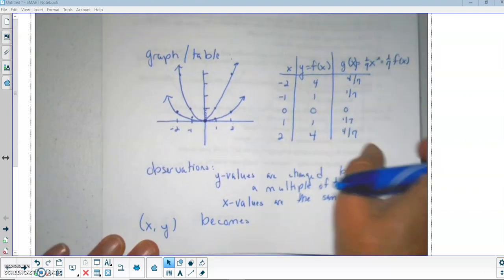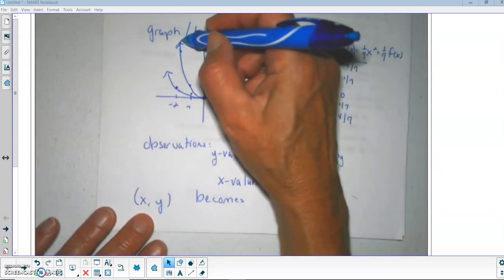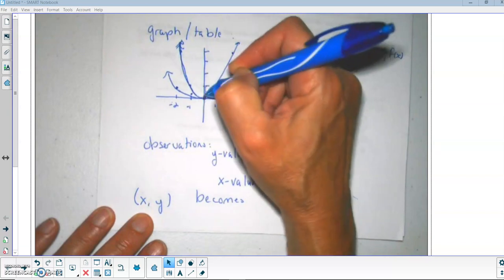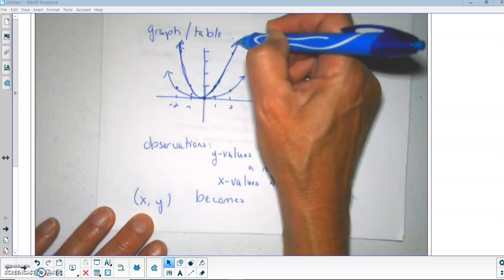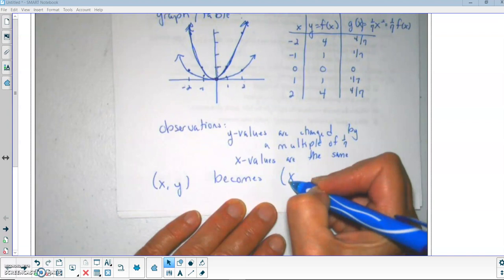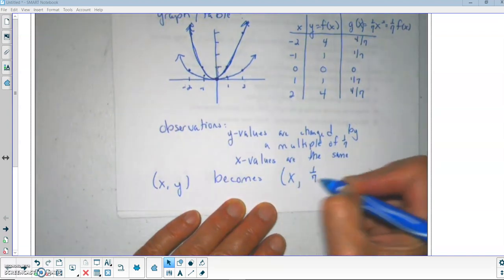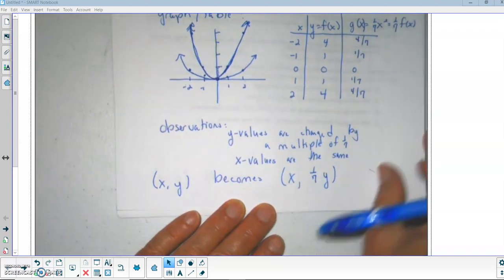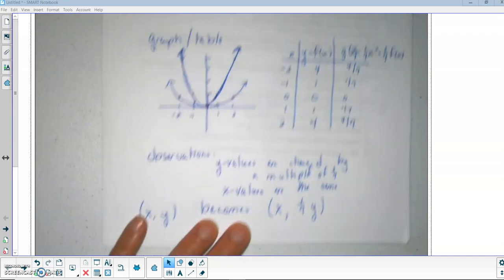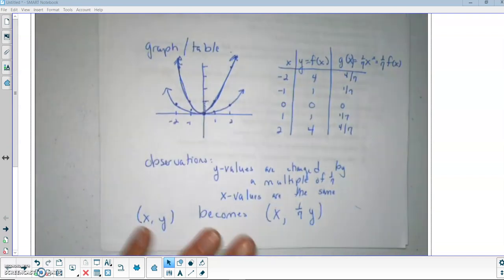What does that look like if I consider every single point on this parent graph? This is my original graph, very roughly drawn. Every single point, the x value stayed the same, and the y value is 1/7 as tall. So that's it for vertical stretching and compressing.